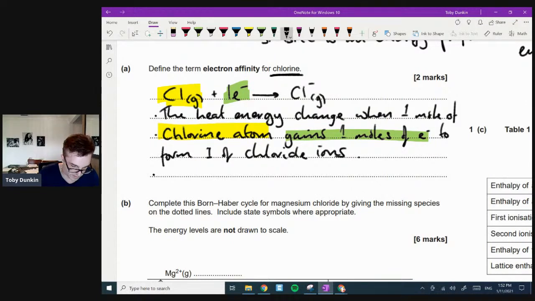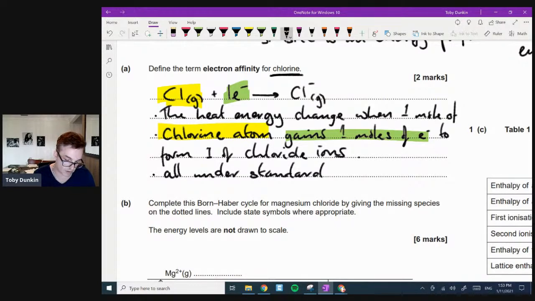And then we do the usual finishing process, all under standard conditions, constant pressure. You do not need to say under standard states, although they are in this case because chlorine's a gas anyway, but they'll ignore that.